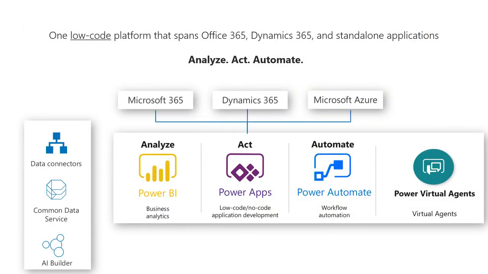I'll start with the context, just to set a context for the Power Platform. I'm sure a lot of you have seen this a lot of times, but it's our low-code platform, which contains Power BI, Power Apps, Power Automate, and the new Power Virtual Agent that has been talked about. All of this sits under the Common Data Service. It's a database layer which is built on top of SQL and Azure.